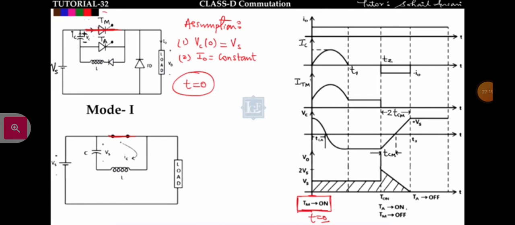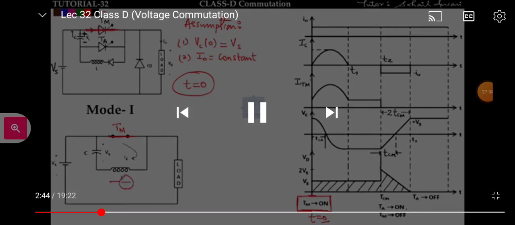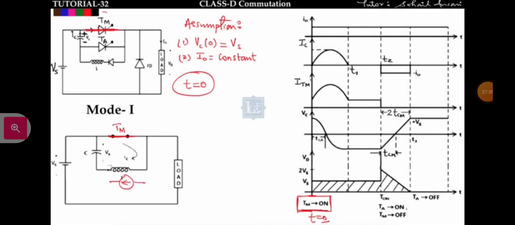The moment I trigger this main thyristor Tm, Tm will be shorted and this capacitor will discharge across this inductor, meaning the capacitor gives energy to this inductor, and again this inductor behaves like a current source and gives energy to this capacitor, and at the end the voltage drop across this capacitor will be somehow like this, from minus to plus.